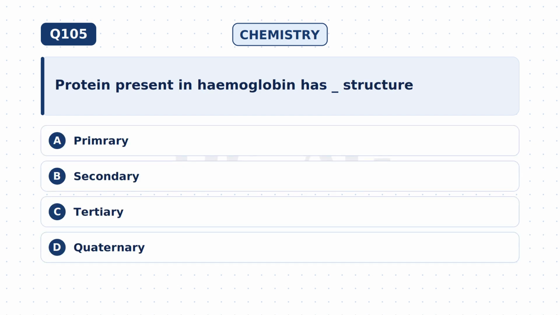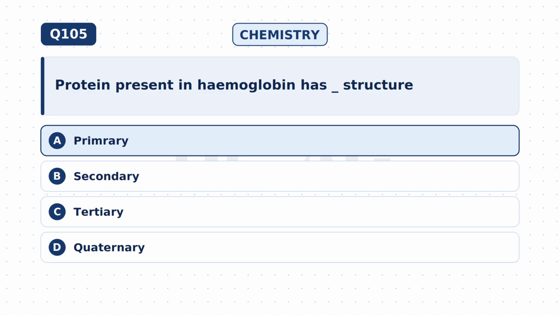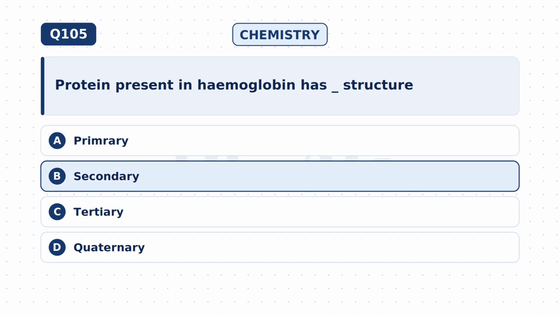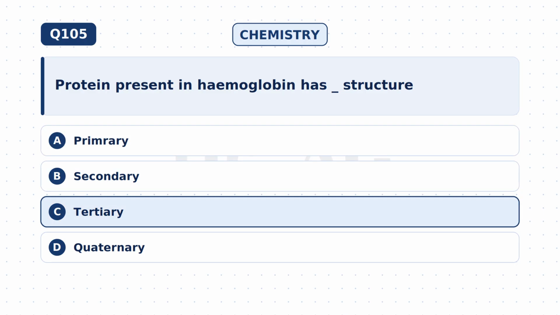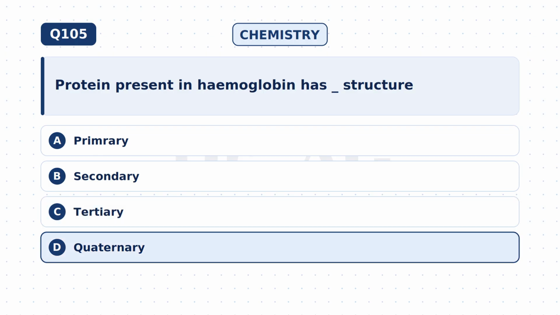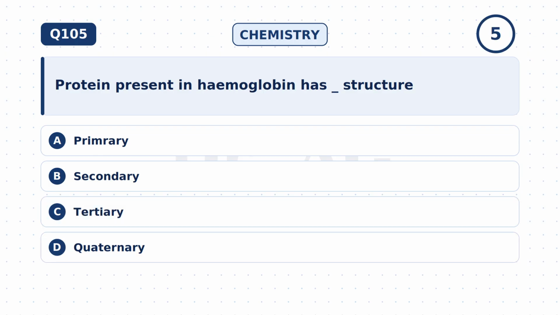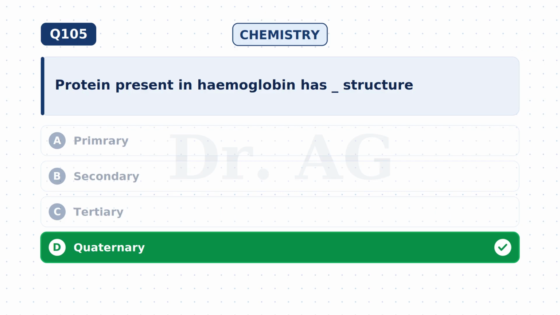Question 105. Protein present in hemoglobin has blank structure. Option A, primary. Option B, secondary. Option C, tertiary. Option D, quaternary. The correct answer is D, quaternary.